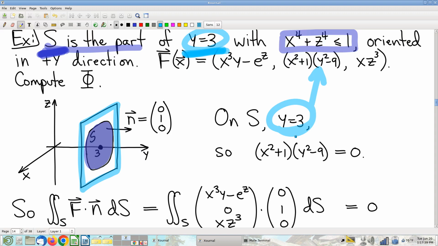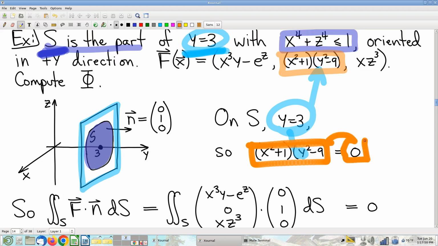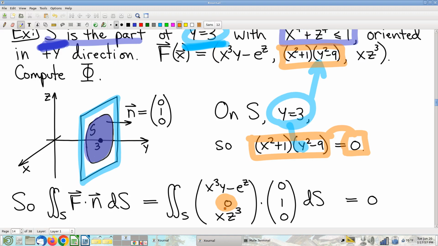Tossing y equals 3 into here makes this whole second coordinate just 0. So my vector field simplifies really dramatically. Just noticing that the domain tells you some algebraic things, and those algebraic things can combine in nice ways with other algebraic things. Everybody with me?